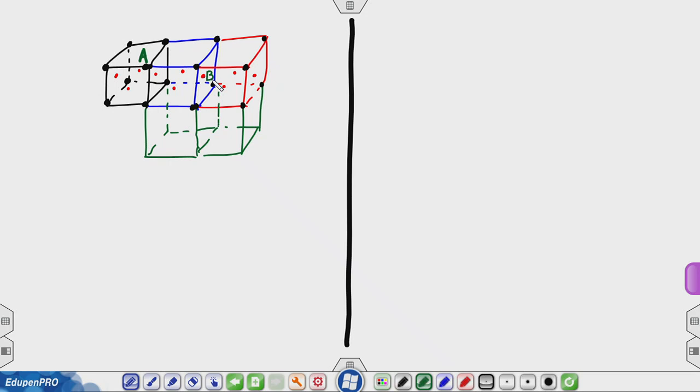If I look at A in the horizontal plane, it has one point here on the side. These are the nearest points, and then it has some points on the diagonals. On the other hand, if I look at point B, in the same horizontal plane, it has these points, they are coming from the faces.